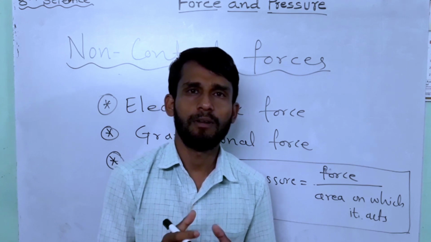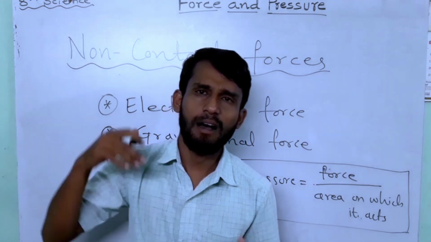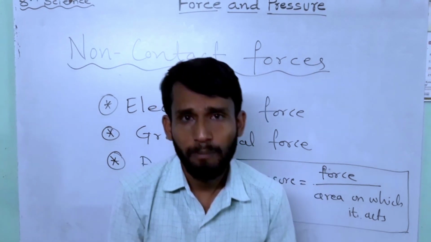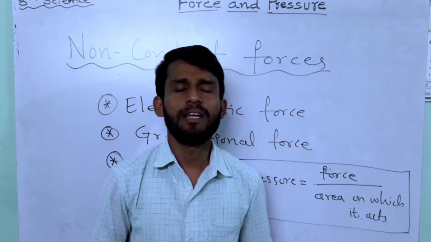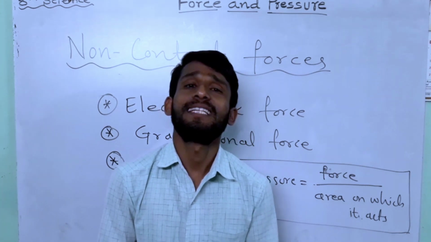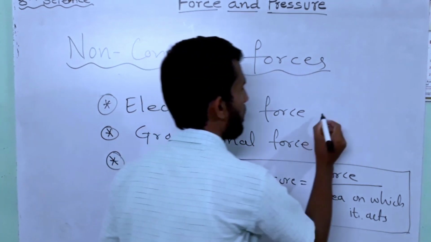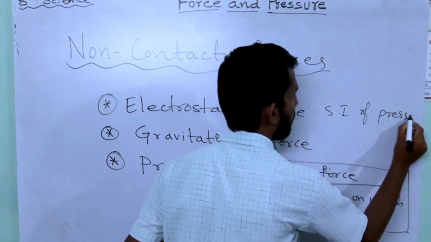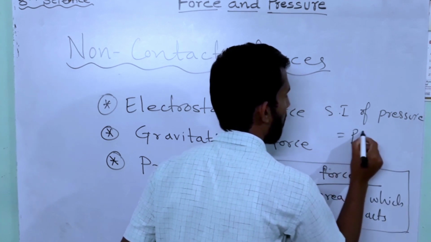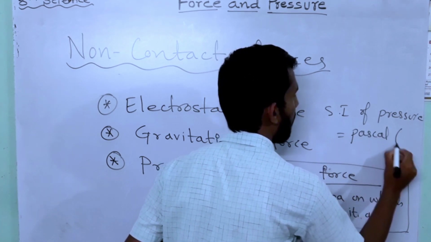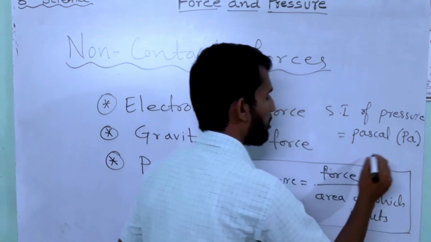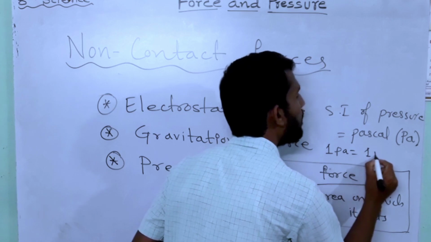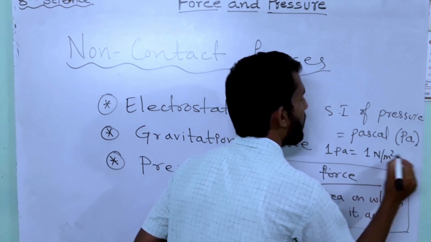Dear student, pressure means the force acting on a unit area of a surface. The SI unit of pressure is the Pascal, which we indicate by Pa. 1 Pascal is equal to 1 Newton per meter square.